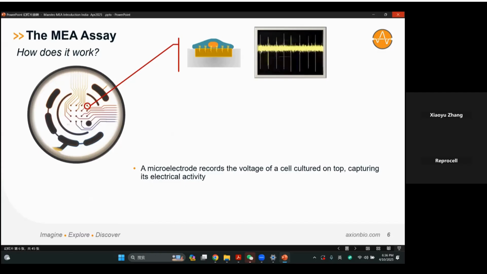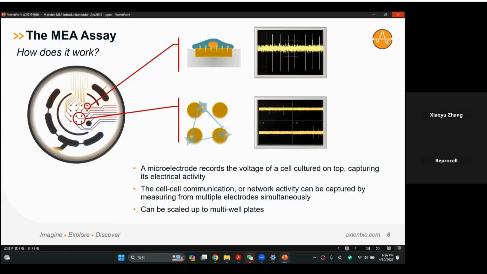When neurons form a cohesive network and develop functional activity, the cell-cell communication or network activity can be measured simultaneously across multiple electrodes. Axion's MEA plates offer flexible throughput options, allowing you to scale your assays from 6-well to 96-well formats.